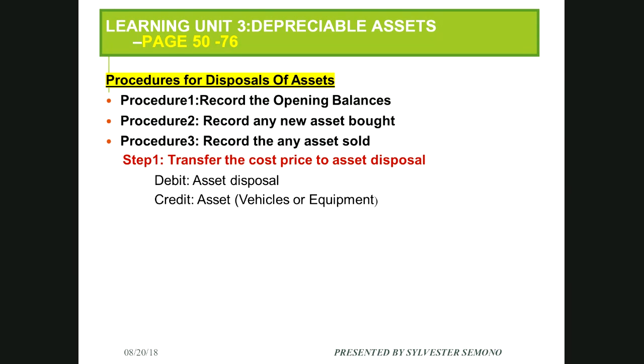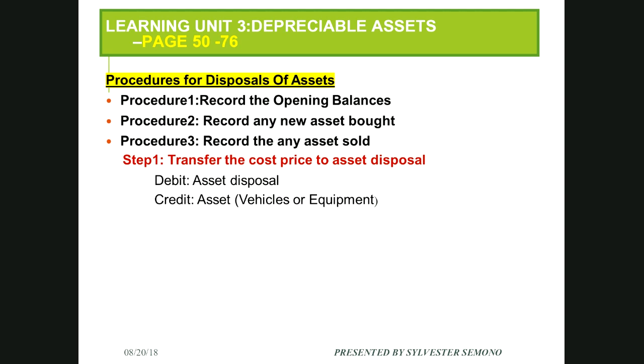That's the normal process. Secondly, we need to check if we bought any new asset or not. Remember, all this information can be identified from the given information in that particular assessment. So I call this my checklist.